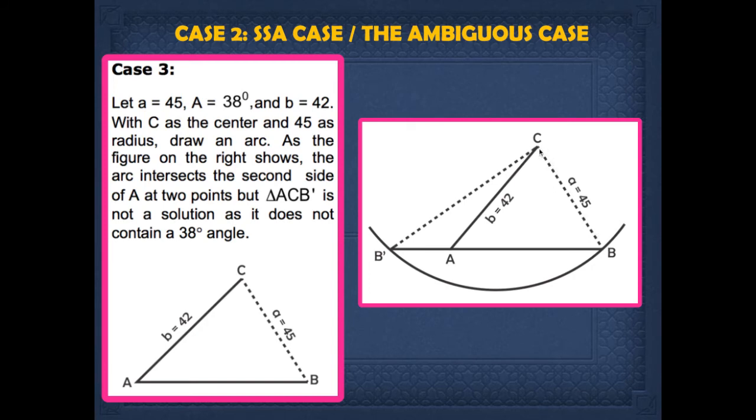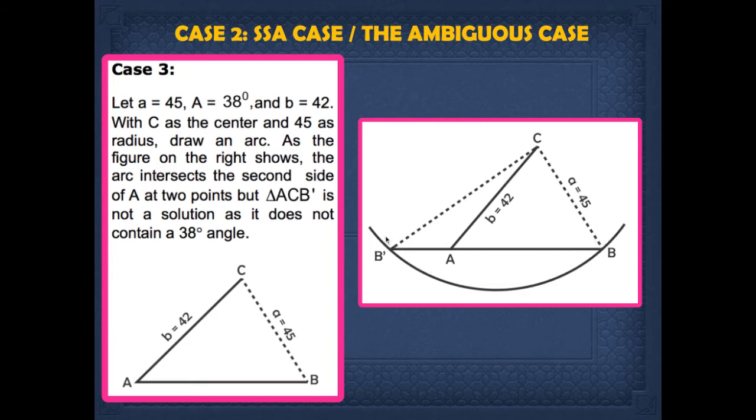Now with this point C as the center, and 45 as radius, with 45 as its length, draw an arc.